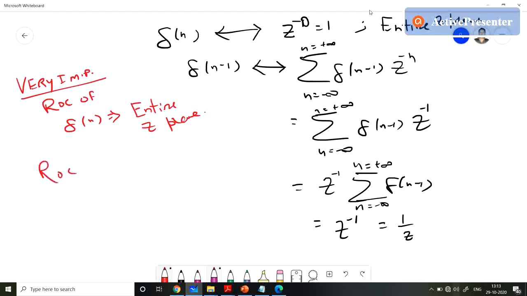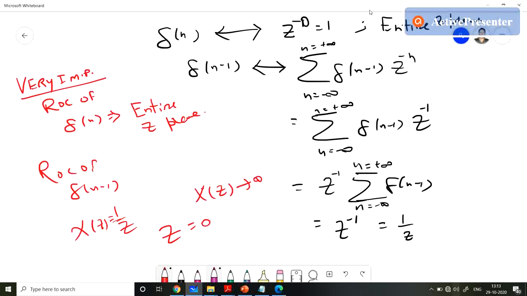But the ROC of delta[n - 1], if we see that, X(z) is equal to 1 by z. So z equals 0 will make X(z) tend to infinity.